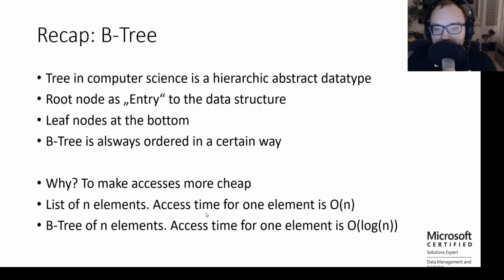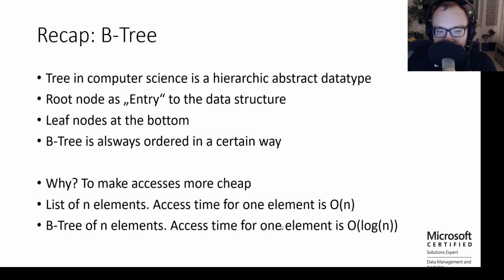Then the access time you have for this one element is O of n, which means basically that the maximum number of steps you will have to do is in the complexity class of n, the linear complexity class, which sounds a little bit complicated, but just means in the worst case you have to scan all of the n elements. If you're looking for the last one, then you have to go through all elements until you see it. Or if you're coming from 2 sides, then it's half of it, but it's still the same complexity class, linear time.